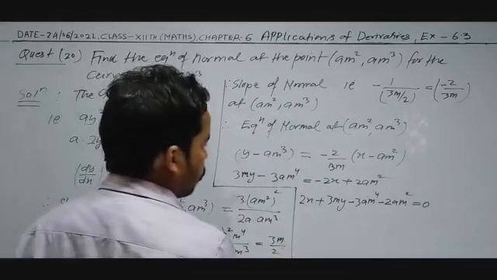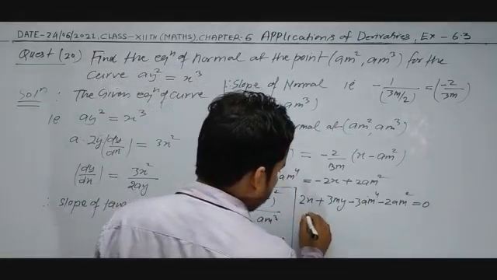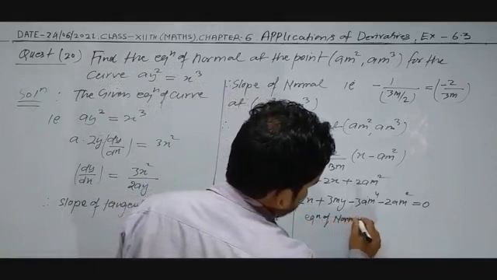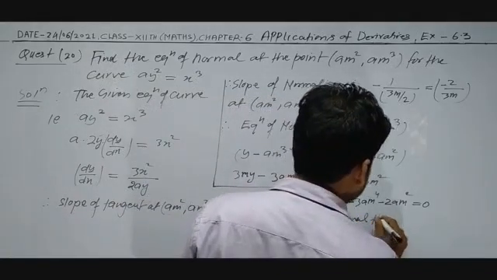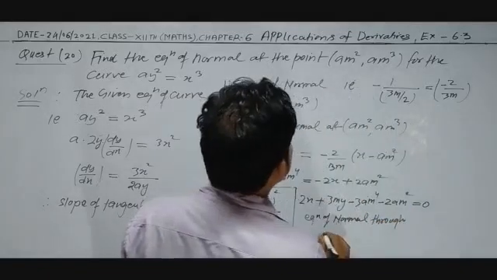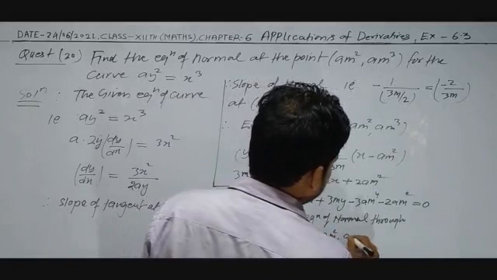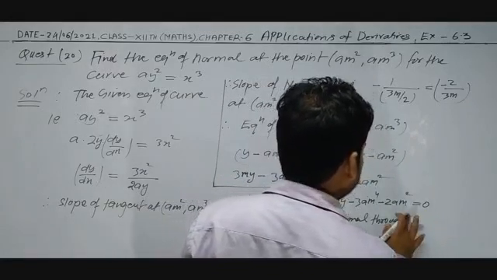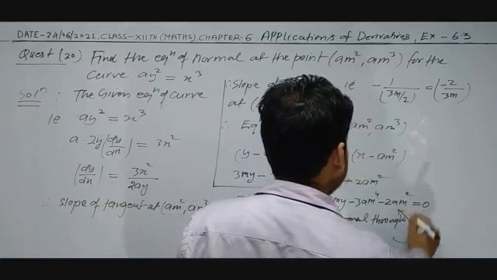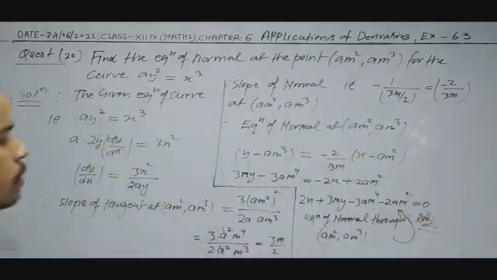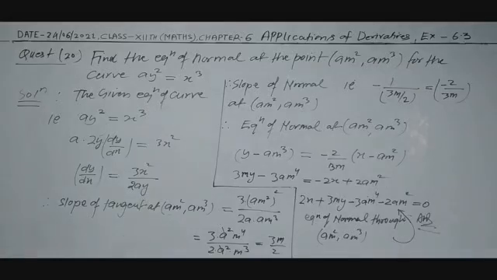This is the required equation of normal through (am square, am cube), that is the result. Answer. So see here.